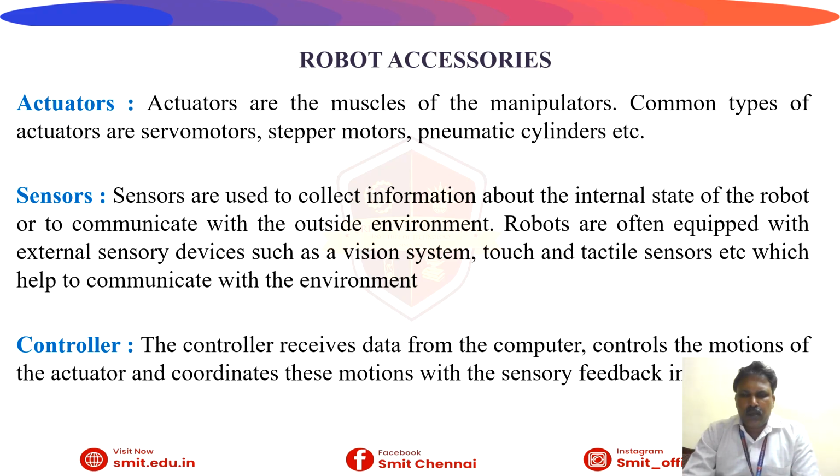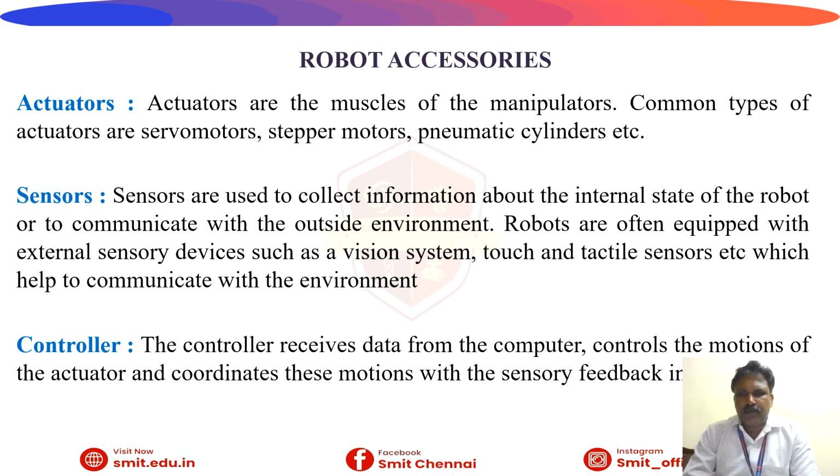Now it is followed by actuators, sensors and control. Actuators are the muscles of manipulators. Common types of actuators are servo motors, stepper motors, and pneumatic cylinders. Sensors are used to collect information about the internal state of the robot or to communicate with the outside environment.